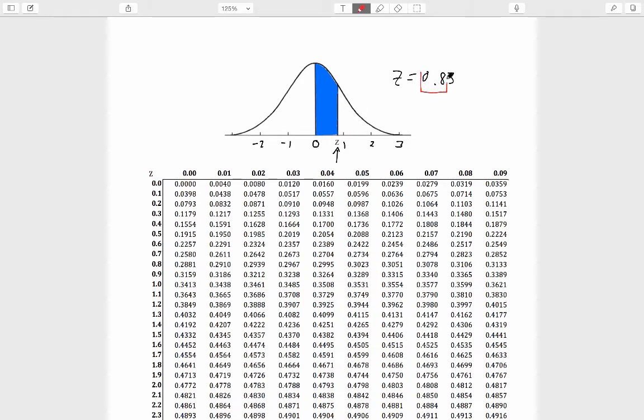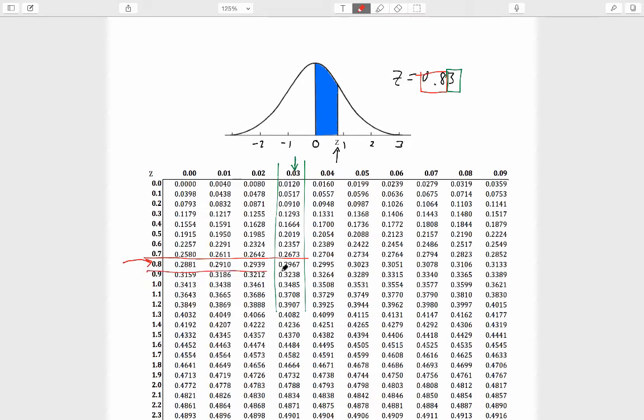These digits, going as far as the first decimal place, tell me what row to look in. So I should look in the 0.8 row. Then this second digit after the decimal point, that 3, is telling me to look in this column right here. So there's going to be a place where this column and this row intersect one another.